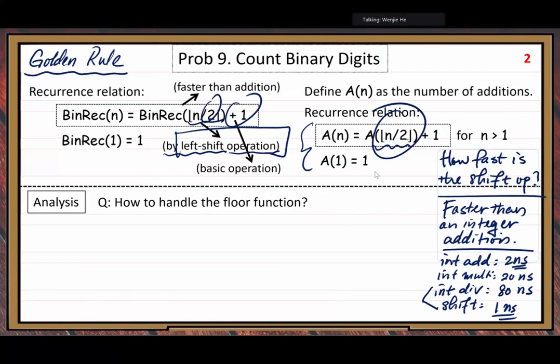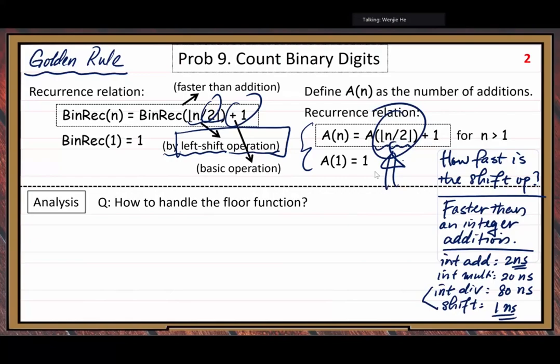So another important method we should use here. When we make an assumption, we target this floor function. We want to improve our situation in this floor function. So what kind of assumption is friendly for floor function?